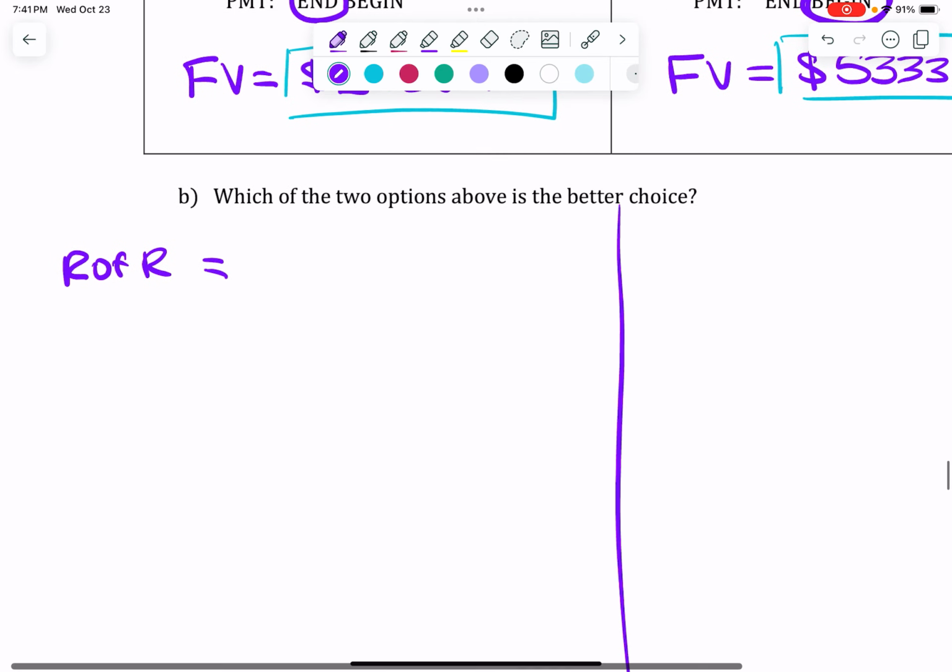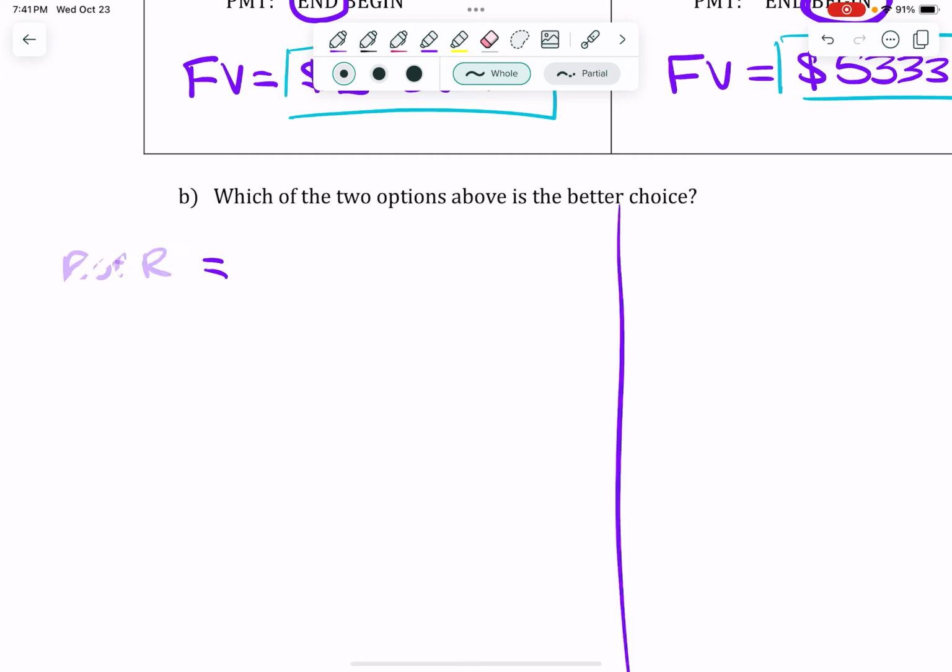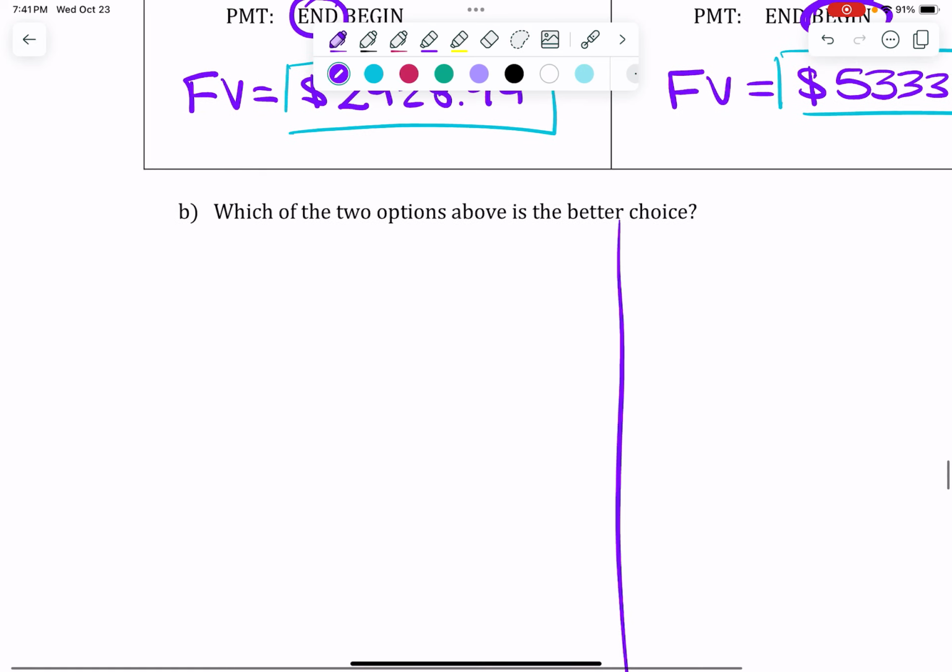Option 1 is actually pretty straightforward when I take a look at my total amount invested. Sometimes, not always, but sometimes, I like to put a separate line for my total amount invested.